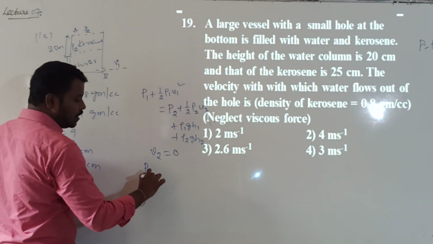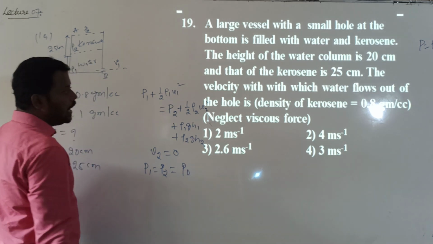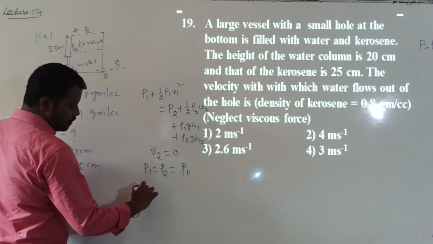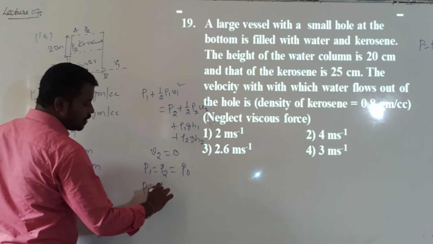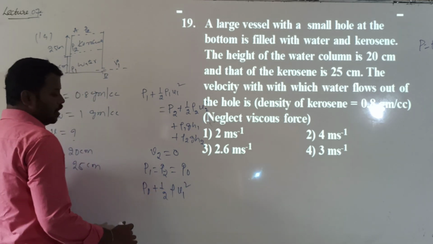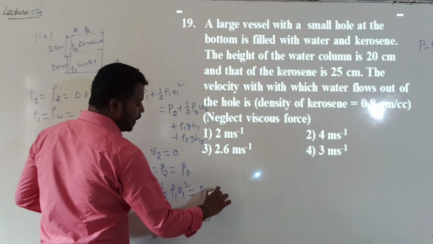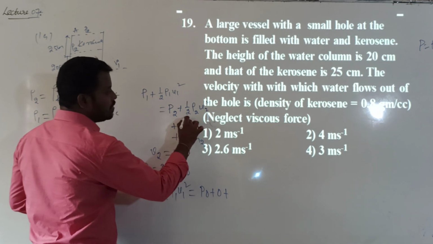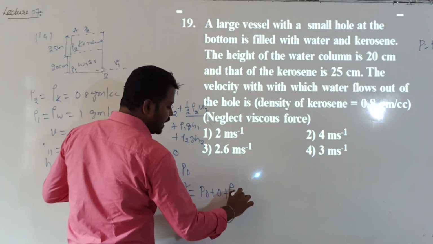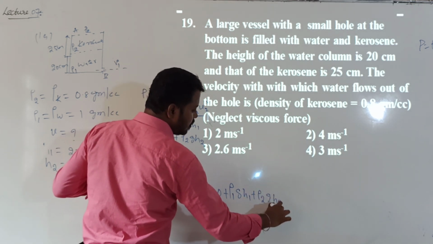And one more condition, here P1 is equal to P2 is equal to P0, atmospheric pressure. Then what do I get? P0 plus half into rho 1 into V1 square is equal to P0 plus 0 plus rho 1 into g into h1 plus rho 2 into g into h2.